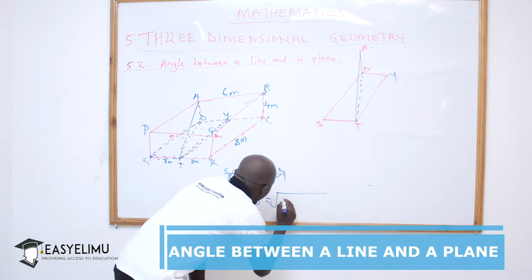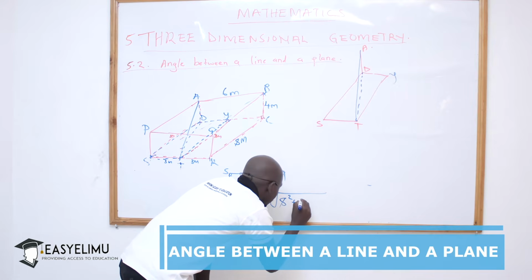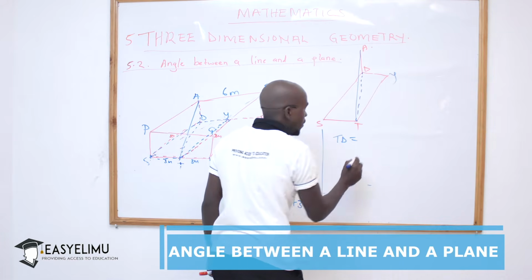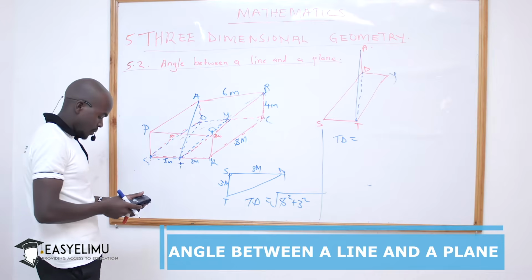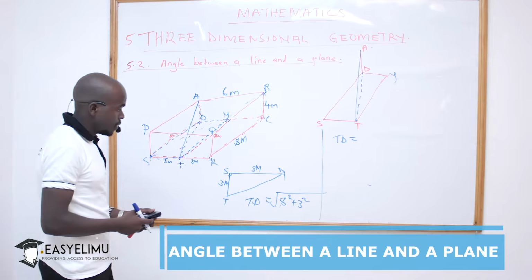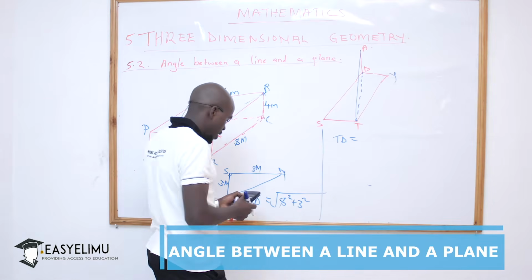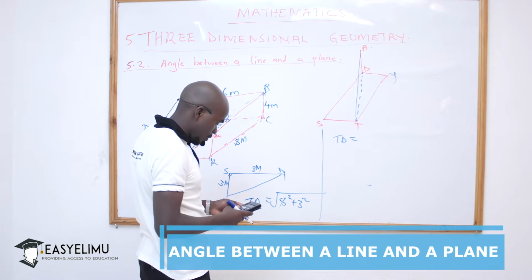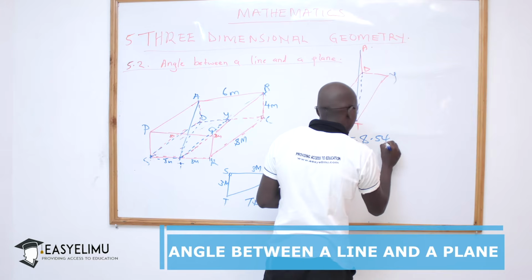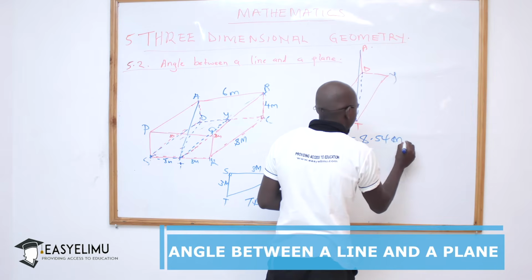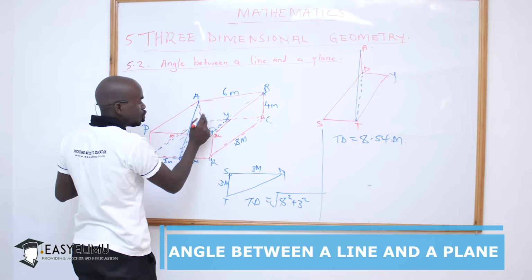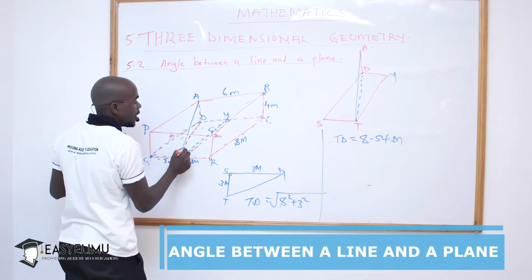So this is 8 squared plus 3 squared, which is 73 if you add the two. The square root of that is 8.54 meters.